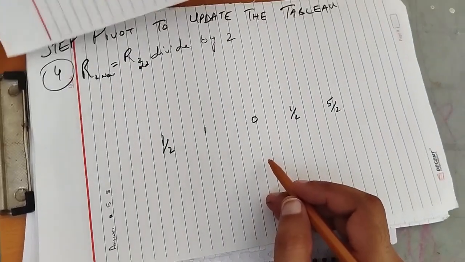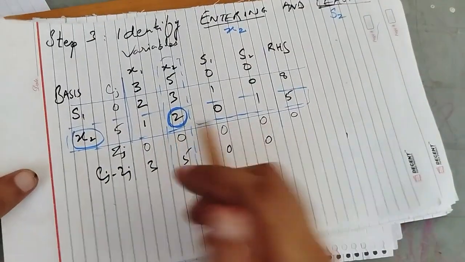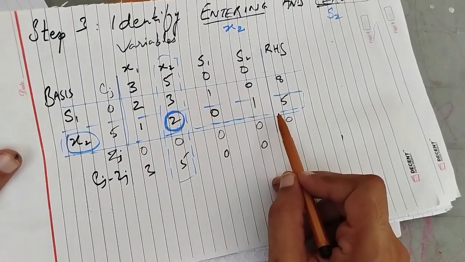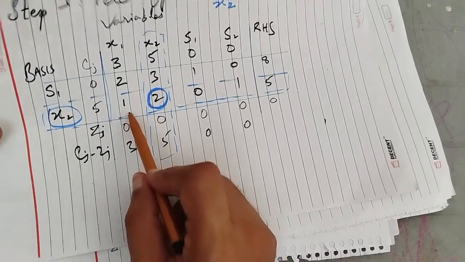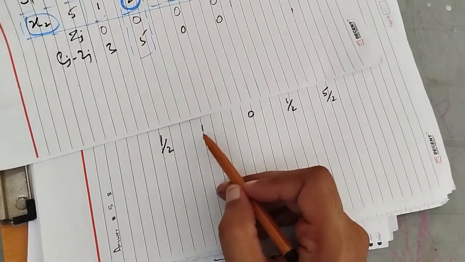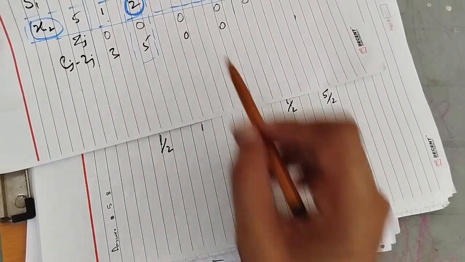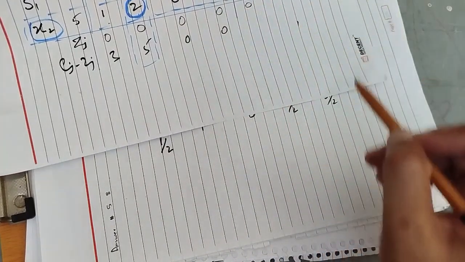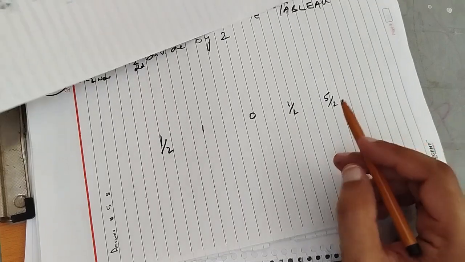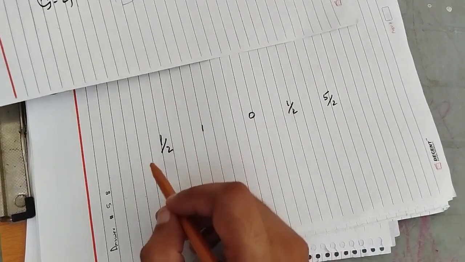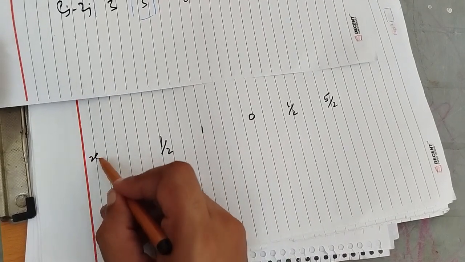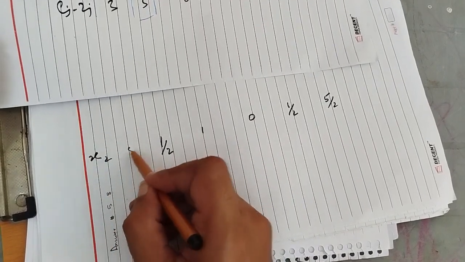So what I just did, I divided this by 2. So you see what happened: 1 by 2, 1 by 2, 2 by 2, 1, 0 by 2, 0, and 1 by 2, 1, and 5 by 2 is here. So we are done with the x2 row.